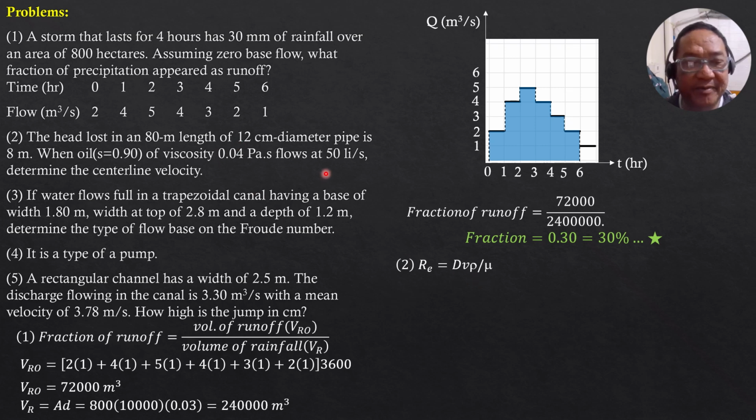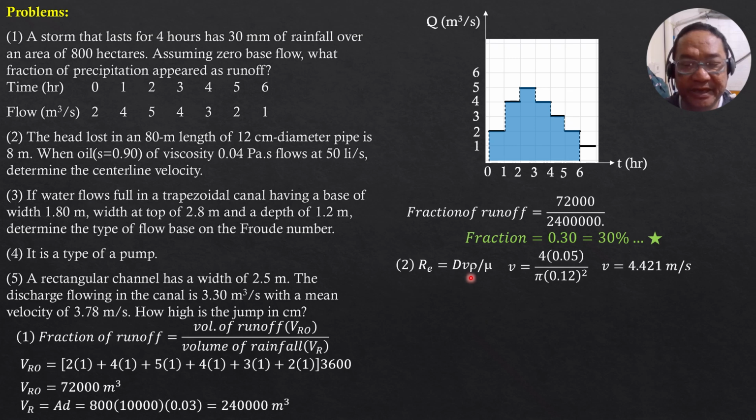The velocity, by the way, is discharge over area, so for a circular pipe, the velocity is 4 times discharge over pi diameter squared. So the mean velocity is 4 times 0.05 cubic meter per second divided by pi times 0.12 squared, and that is equal to 4.421 meters per second.